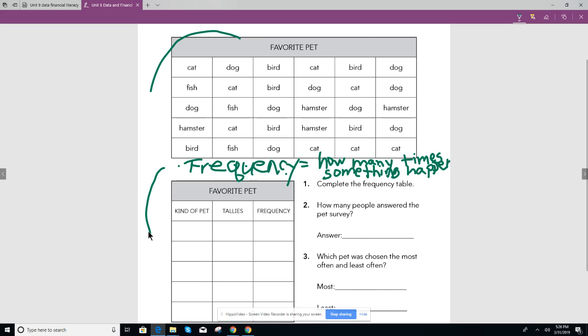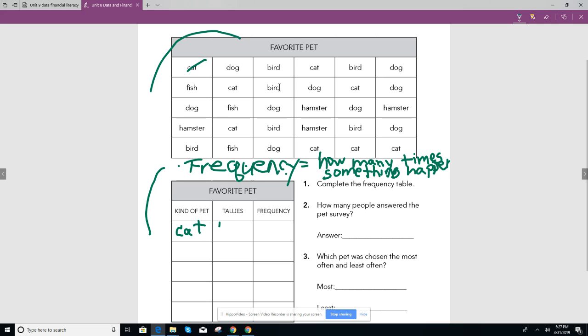Since there's a lot of information here, I'm not going to try to do all of it at once. I'm going to pick one thing and do only that one thing. So the first thing I'm going to do is cat, because it's first inside my data. And then as I count it off, I'm going to tally.